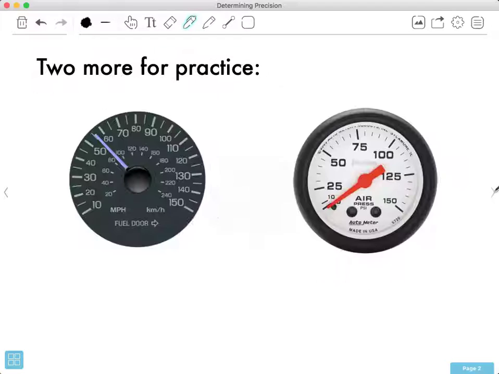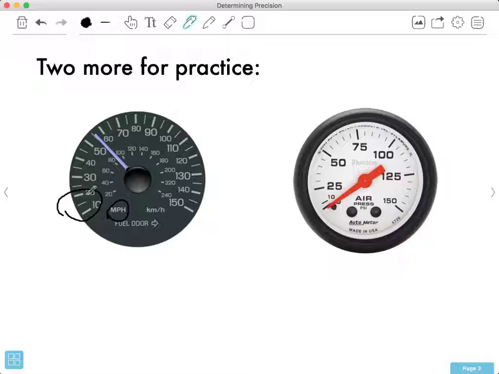So let's look at a couple examples that actually have units. This has 2 different units. We'll look at the miles per hour, even though I know we're in Canada, just because those are the major numbers around the outside. And again, I look at a major section and ask how far is it to get from 10 to 20?